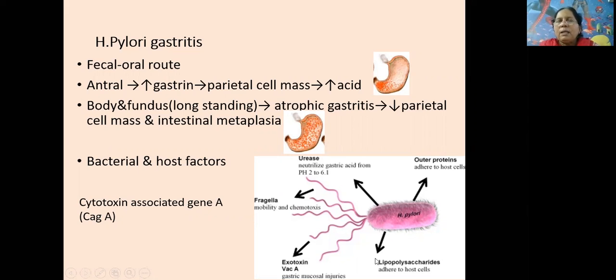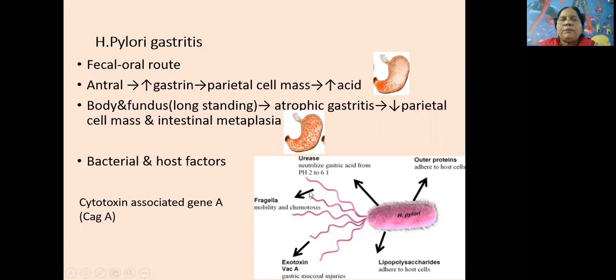It also has lipopolysaccharide that will adhere to the stomach mucosa. Then it secretes urease that neutralizes the gastric acid from pH 2 to 6.1. This is very important. The pH of the stomach, the gastric juice, is 1 or 2, and from that it goes to 6.1.